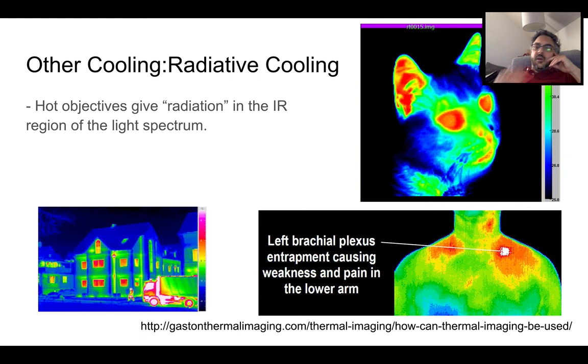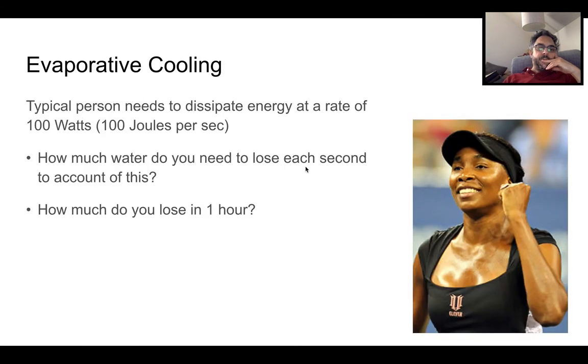If you've got less fur, you've got more of this infrared or radiative cooling going on. Similar situations here where you've got some inflammation or some pain, you're going to have more blood flow. That area is going to get heated up a little bit more because of the blood flow, and you're going to get more infrared cooling there.